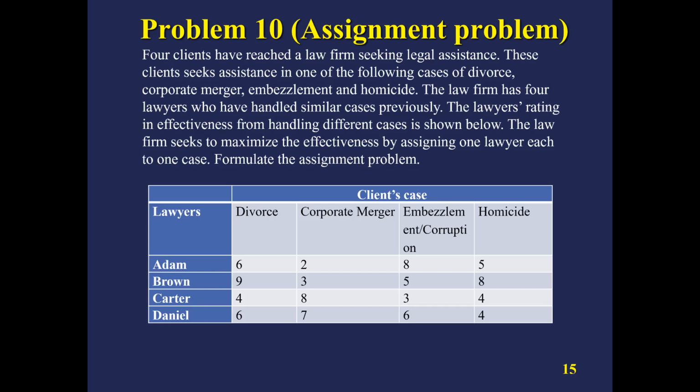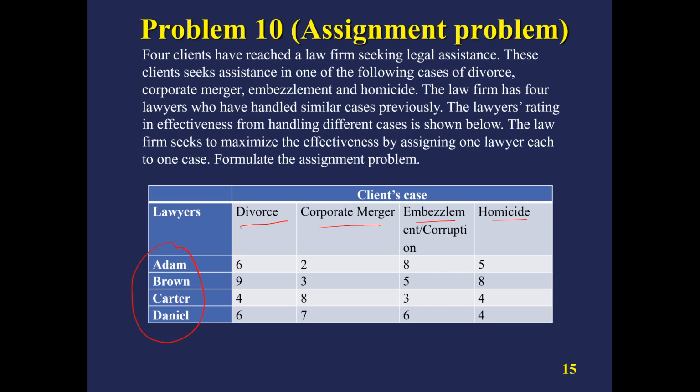So we have 4 lawyers here, and we have 4 different types of cases here: divorce, corporate merger, embezzlement, and homicide. And each one has its own rating, efficiency, or effectiveness.